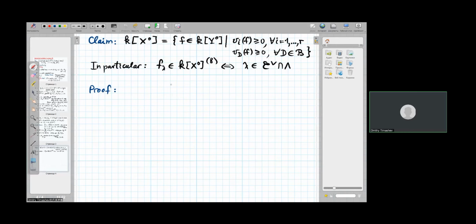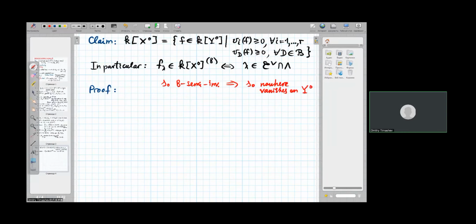let me observe that S naught is B semi-invariant, and this implies that S naught nowhere vanishes on y upper knot. Is it clear?